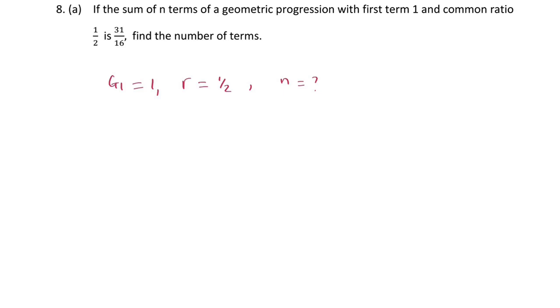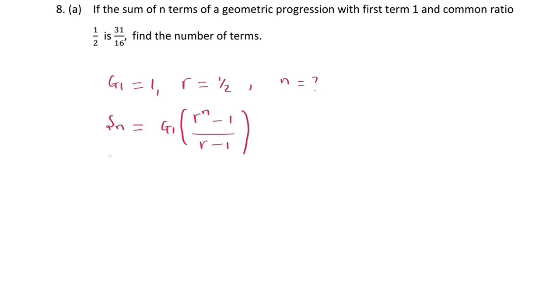Okay, so now let us recall the formula to find the sum of the terms in the geometric progression, which says Sn equals G1 in brackets R power n minus 1 over R minus 1. Okay, so now let us substitute the given values.